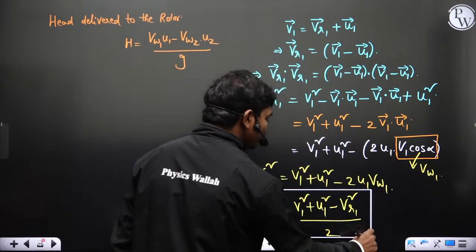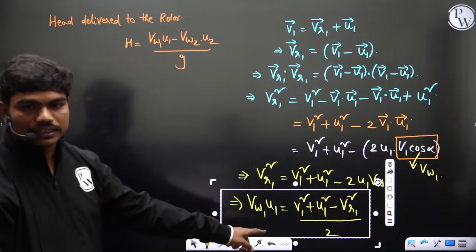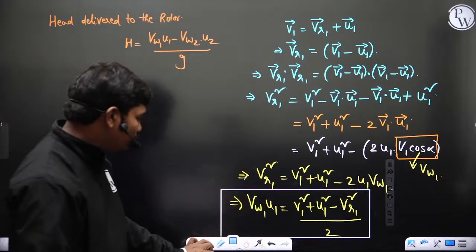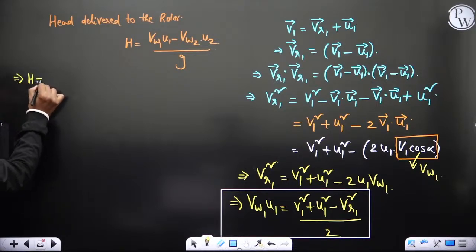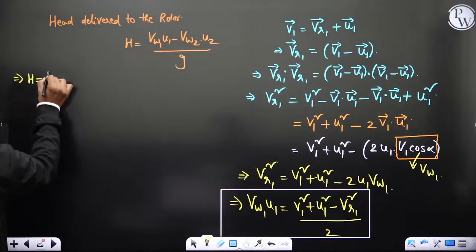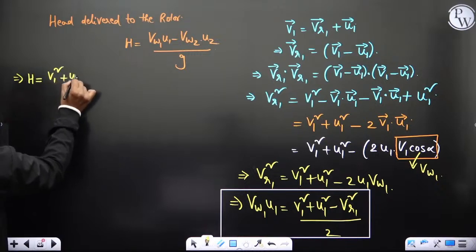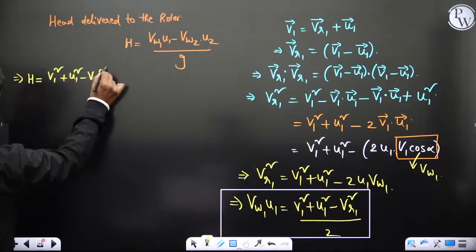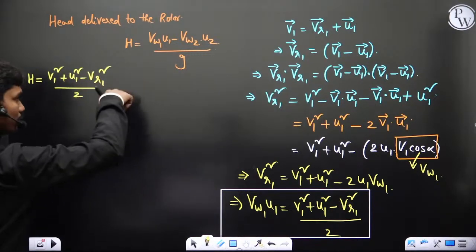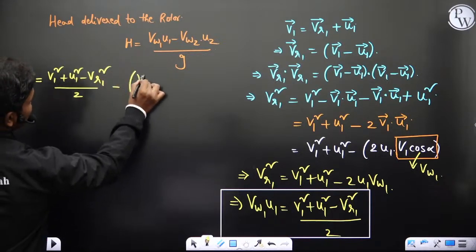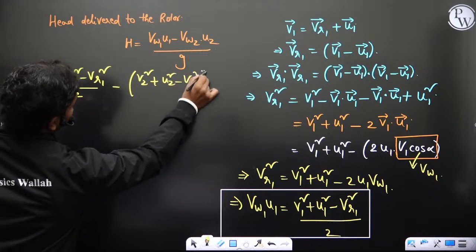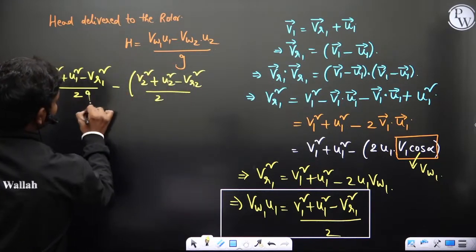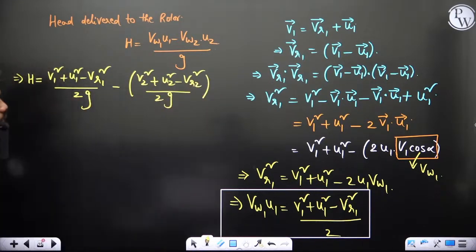So this is the velocity triangle which gives you this VW1. If that's VW1, then H is equal to V1 square plus U1 square minus VR1 square by 2g. Similarly, for the other triangle, you get V2 square plus U2 square minus VR2 square divided by 2g. So this is what you get.